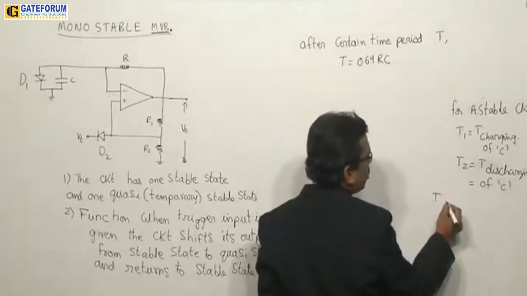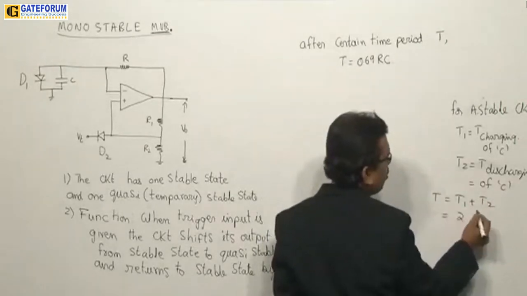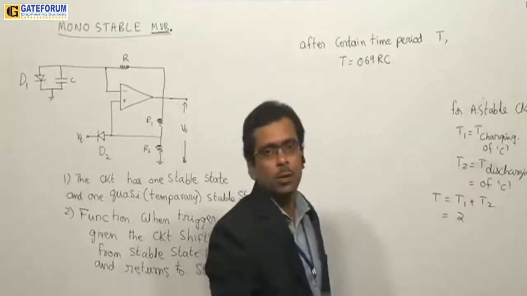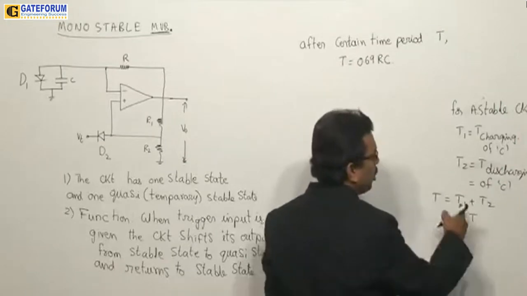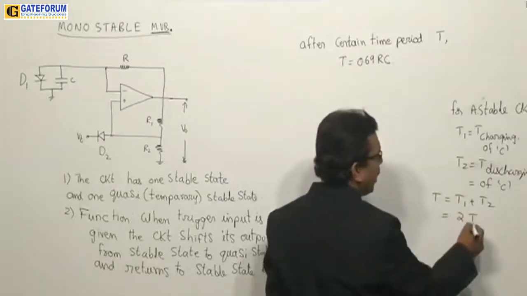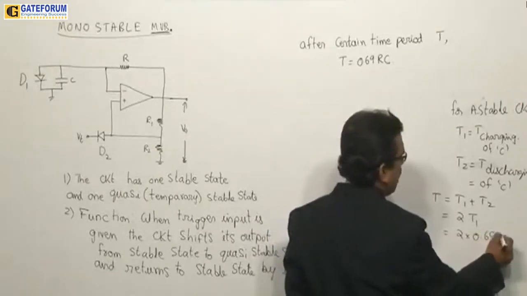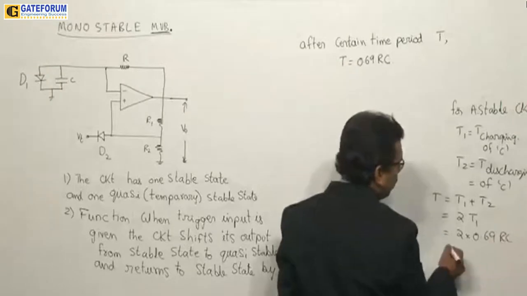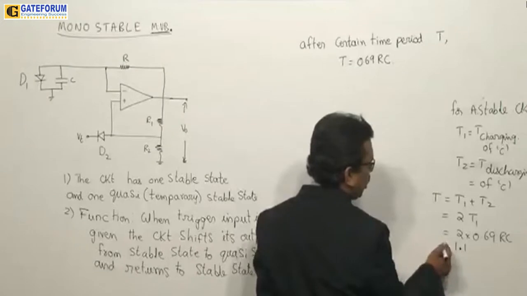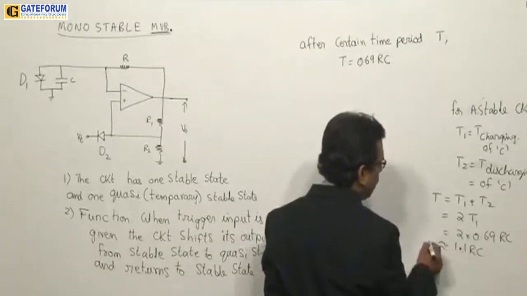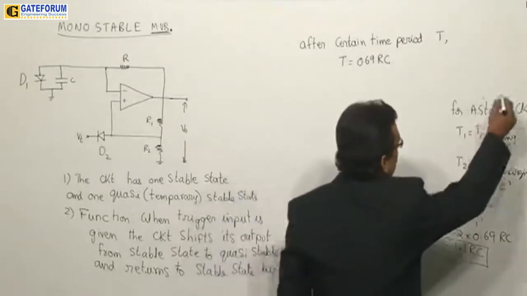So total time period is equal to T1 plus T2. As the charging and discharging time periods of astable multivibrator will be same, T1 and T2 both will be equal. So I write it as 2T1. So then it will become 2 into 0.69 RC, which will be approximately equal to 1.1 RC. So this is the time period of astable multivibrator.